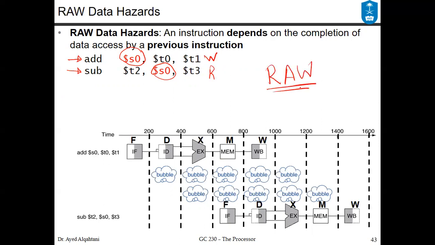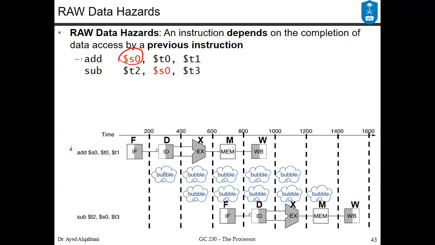It's a RAW hazard. And what happens is, as you can see in the pipeline here, the first instruction works normally. You fetch and then decode and execute and memory and write back. You're expecting the next instruction to have its fetch here, but it cannot start fetching here because it's waiting for this to be ready.